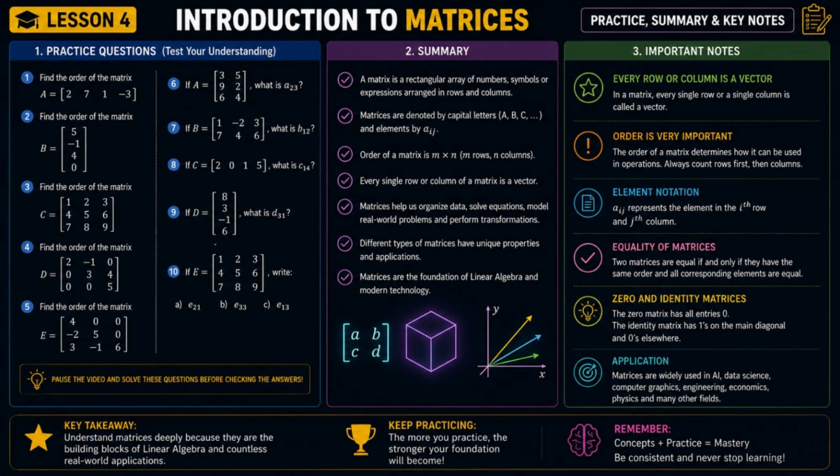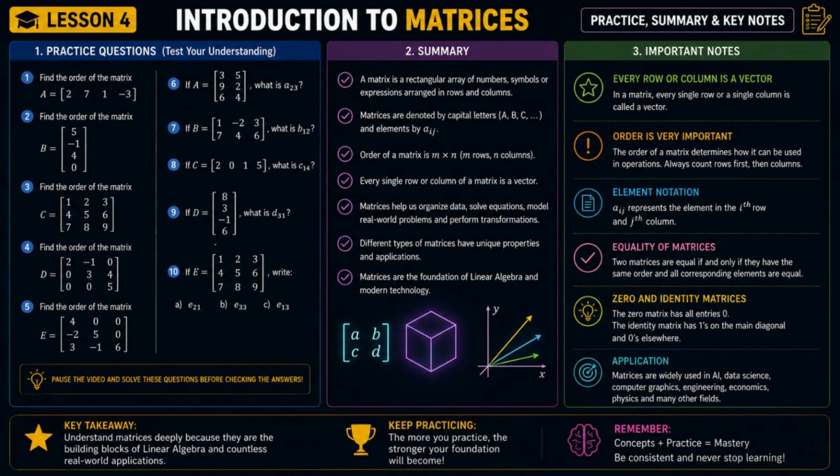Also, the notation Aij means the element located in the ith row and jth column. Two matrices are equal only if they have the same order and all corresponding elements are equal. The identity matrix contains ones on the main diagonal, while the zero matrix contains only zeros. These concepts will be used repeatedly in future lessons.